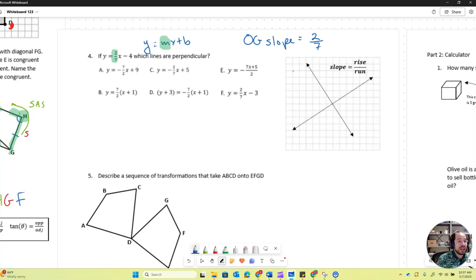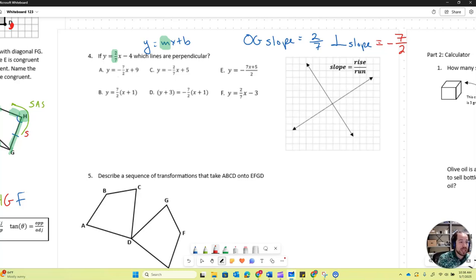Now, what we have to do is find the perpendicular slopes. Our perpendicular slope is the opposite reciprocal. So that means I need to flip my fraction, 7/2, and make it opposite. So I'm going to make it negative. So I'm looking for -7/2.